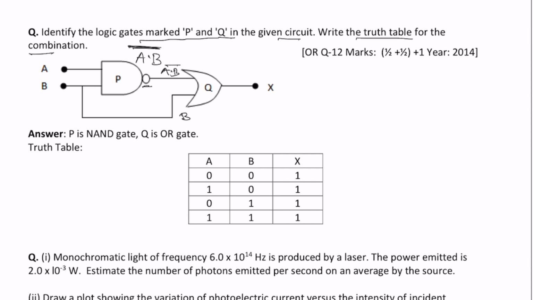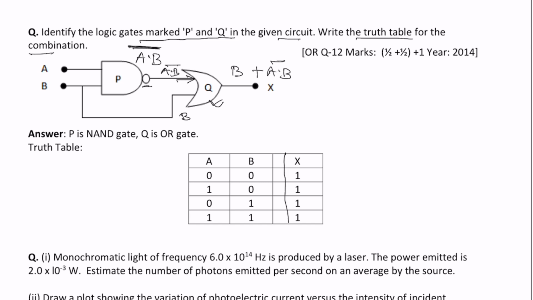Q is the OR gate. This simply adds B plus A B not. So first, what is the A B not? This is the input to the OR gate. So let us take this combination. If 0 and 0, let us take one more column here to explain what is x.